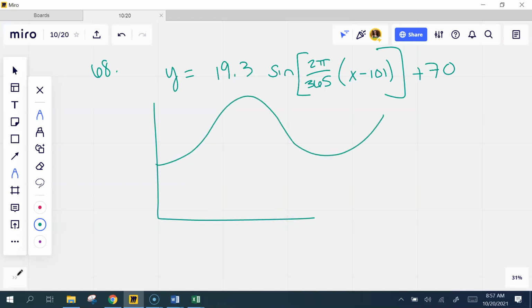All right, so it says on approximately what day of the year does the daily temperature show the greatest increase from the previous day? So you look at the graph. In other words, where does the slope look like it's the steepest?